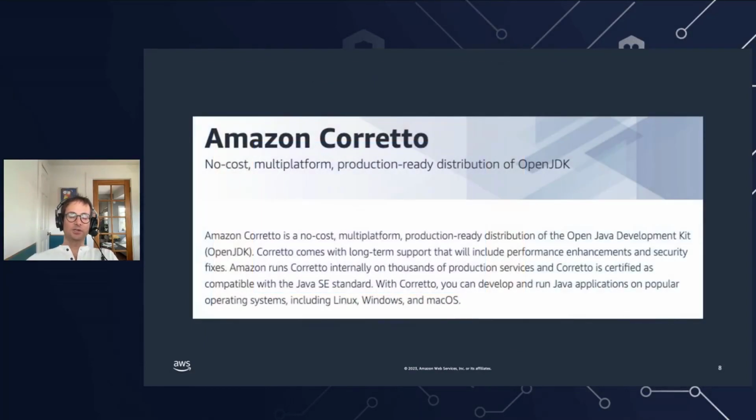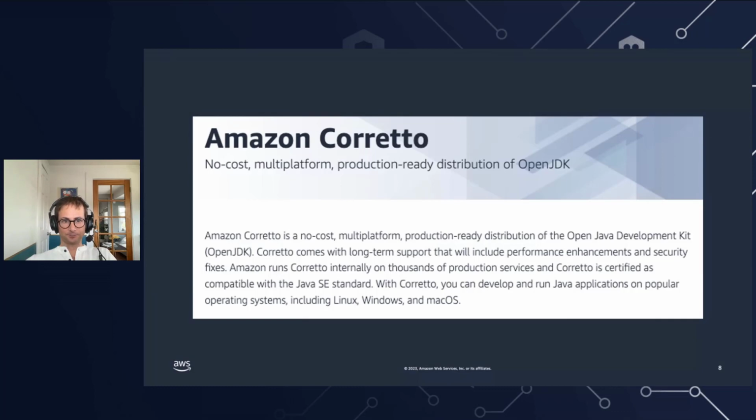A really good JVM to run Java on top of Graviton-based instances is Amazon Corretto. Amazon Corretto is a distribution of OpenJDK, which is an open source JVM that is built and maintained and supported by AWS. The reason we've done that is that we have many customers that are running Java applications on AWS, and we feel like they deserved to have a well-supported, well-optimized, and long-term supported version of Java on which they could rely.